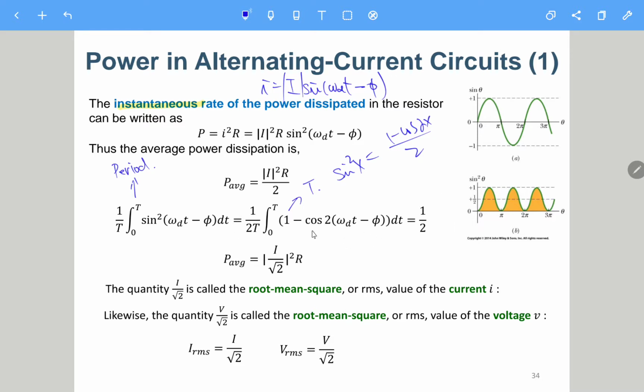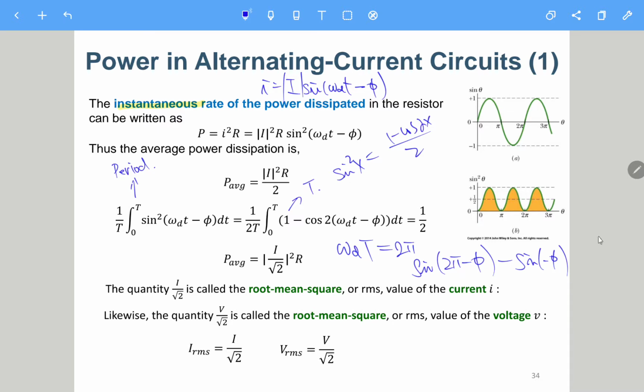And for this term, the integration becomes a negative sine. But when you evaluate from 0 to T, when you plug in 0, it will be 1. When you plug in capital T, it is still not 1 because we have a phi. But actually, omega T should be 2 pi, which means that it becomes sine of 2 pi minus phi, minus sine of minus phi, something like that.